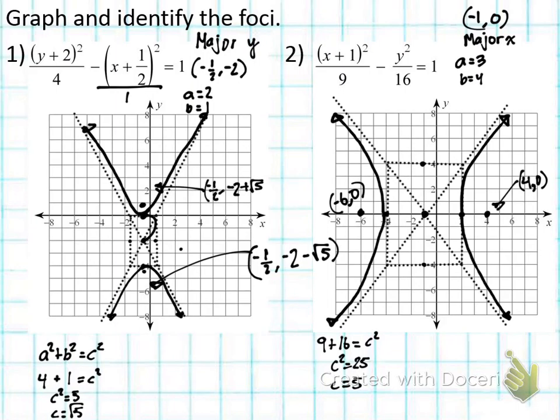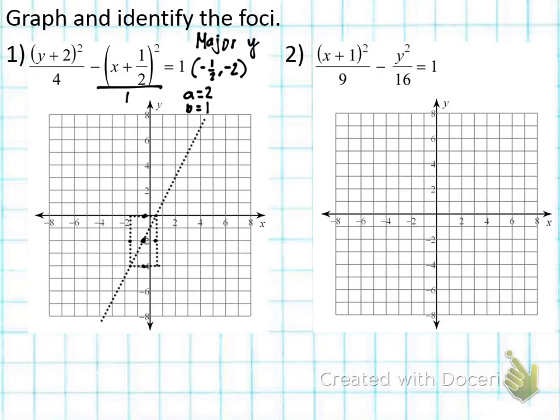The x term is negative 1/2, and the y term is negative 2, so our center is (negative 1/2, negative 2). We go to negative 1/2, negative 2; right here is your center. I know it's major y, so it's going to open up and down.